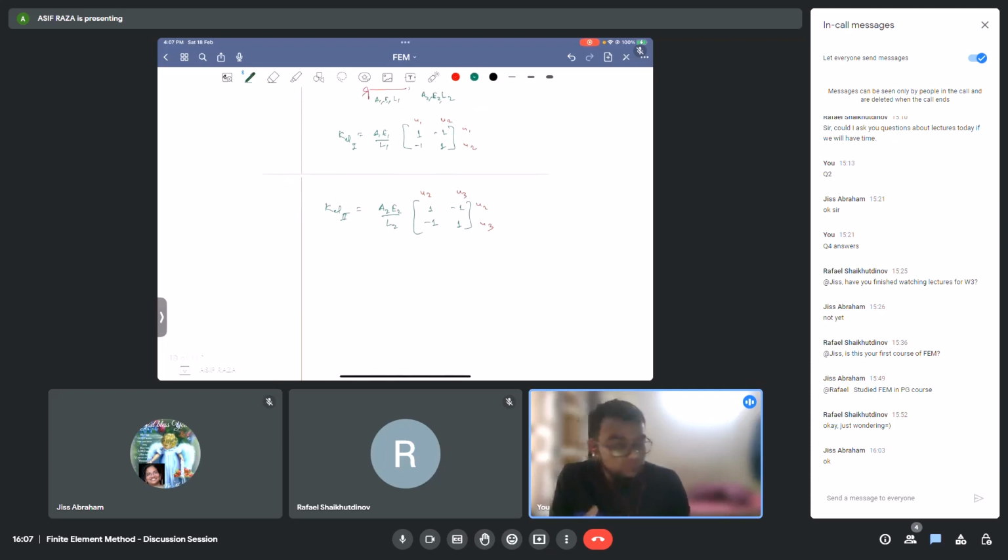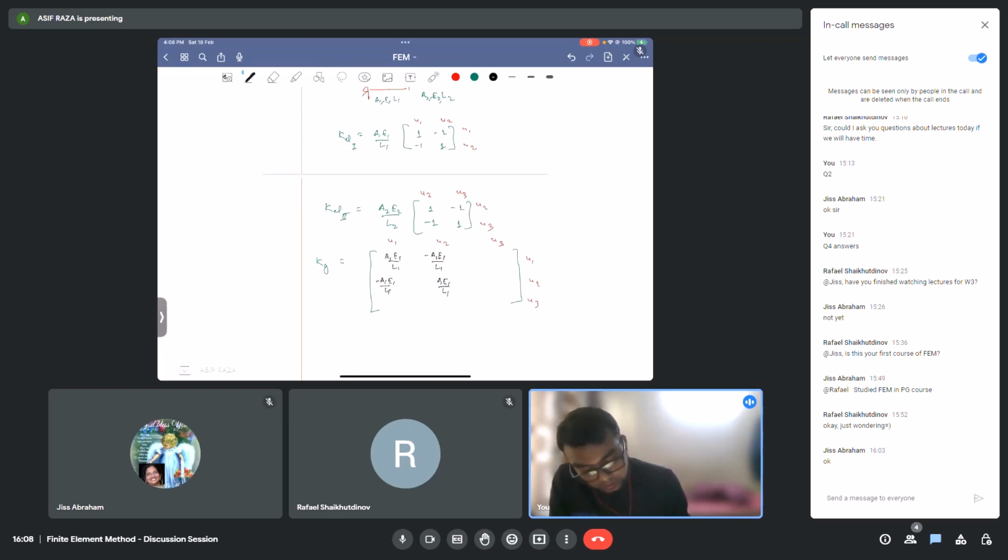When we assemble these two element stiffness matrices to get the global stiffness matrix, with respect to u1, u2, u3, we'll have A1 E1 upon L1 here, this will be minus A1 E1 upon L1, and this will be A1 E1 upon L1.